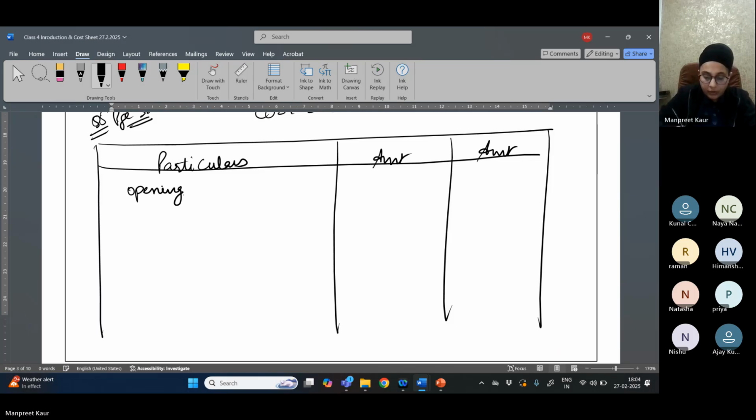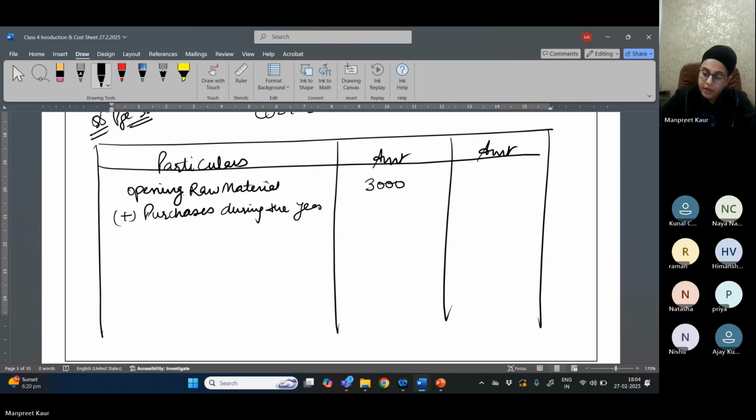Opening raw material is 3,000. Add purchases during the year. That is 1,10,000 minus closing stock of raw material.